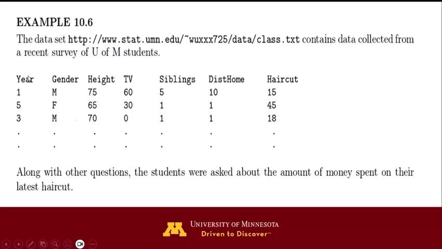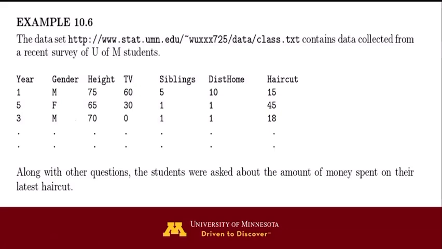We have the data collected over the years: the gender, the eye color, the TV, the assembly, up to the haircut. We want to focus on the amount spent by males and females on haircuts, to see whether there's a significant difference between the two.